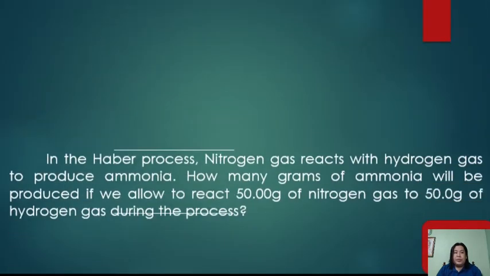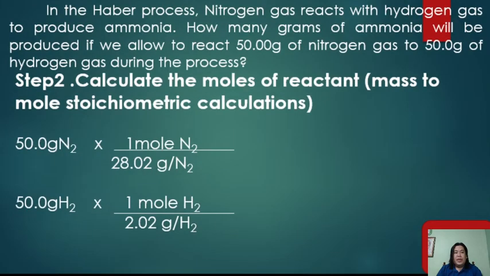Then step number 2, you have to calculate the moles of reactant. This time you will use the mass to mole stoichiometric calculations. In the mass to mole stoichiometric calculations, you will use the amount of mass given in the worded problem, which is 50 grams nitrogen gas and 50 grams of hydrogen gas, and convert this to the number of moles of these two substances.